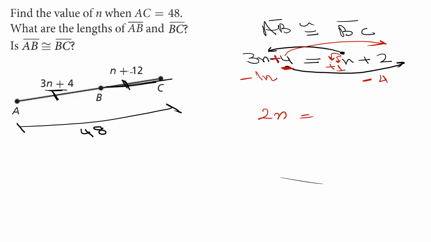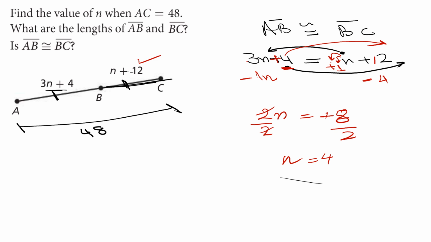Equal sign. Plus 2 minus 4 gives us minus 2. Sorry, this is not 2, it is 12. My mistake, so it is plus 8. Now, in order to get rid of this 2 and find n, we divide both sides by 2. 2 and 2 cancel. n equals 8 divided by 2, which is 4.